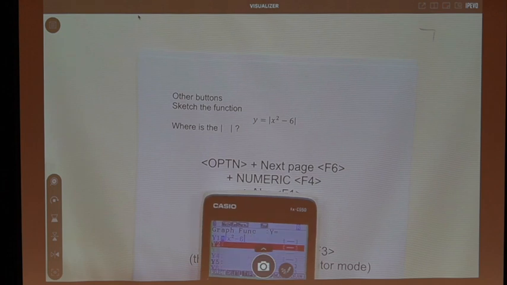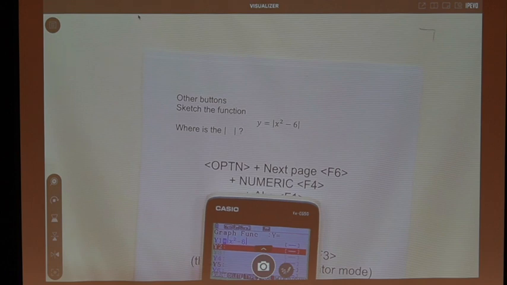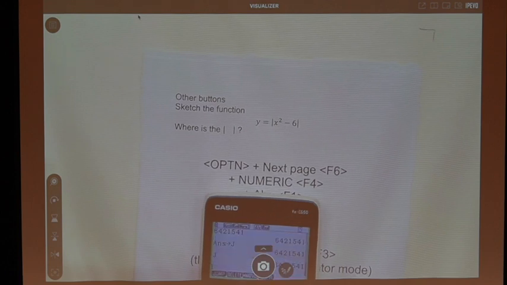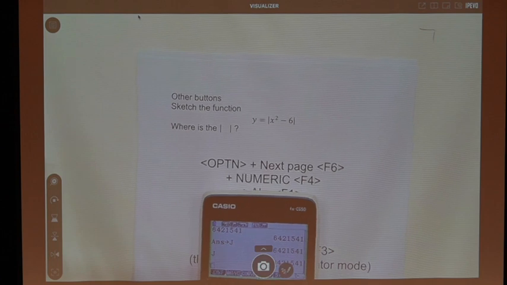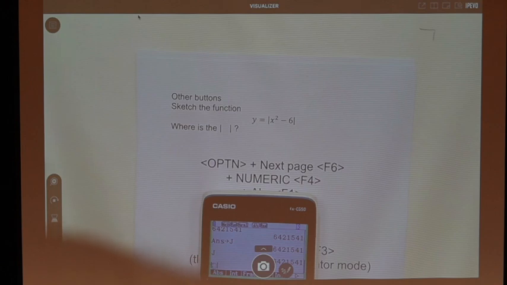You need some training to find the abs. Or if you are in the calculation mode, you will be able to find the abs as well. Again, the same: option, and then you look for numeric, this is the abs.